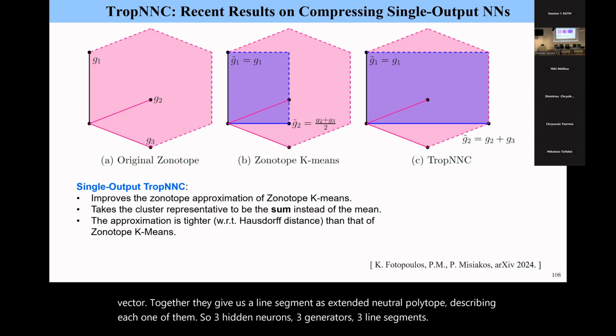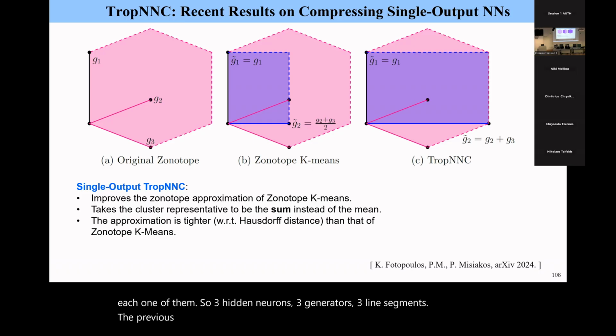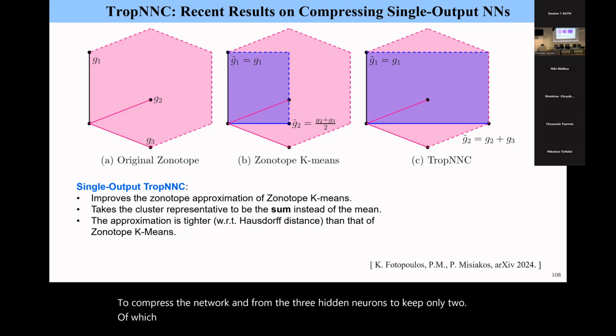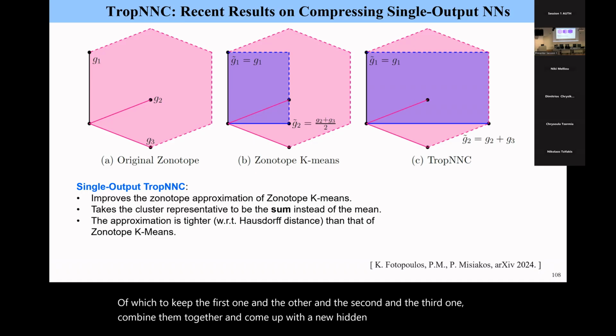The previous idea used k-means to cluster. Suppose we want to compress the network, and from the 3 hidden neurons keep only 2: keep the first one, and the second and the third one, combine them together and come up with a new hidden neuron G2 tilde.